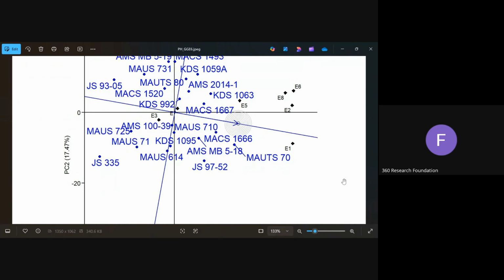Whatever the genotypes positioned close to the center of the concentric circles, they are considered as the most desirable genotypes of your lot. Whatever the genotypes close to the center of the concentric circles, those genotypes are considered as most desirable.